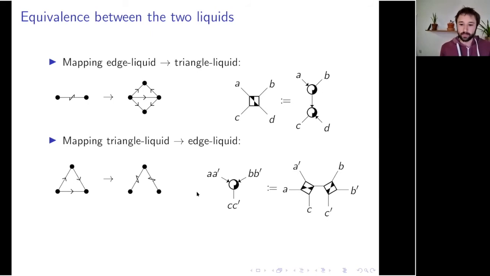So now there's one more property of these two replacements that I need to add, which is that they are inverses to each other. But they are not inverses in a direct sense, but in a weak sense.